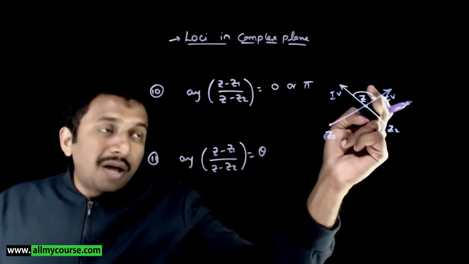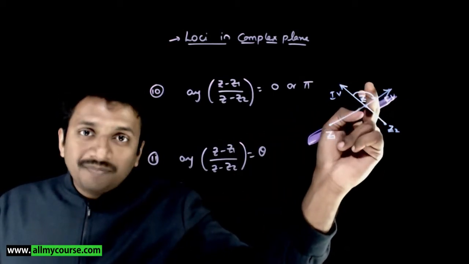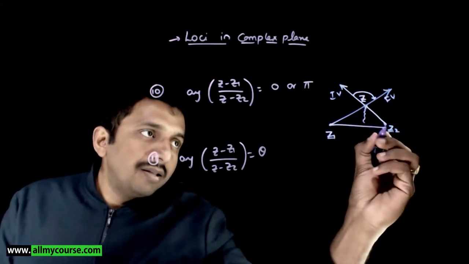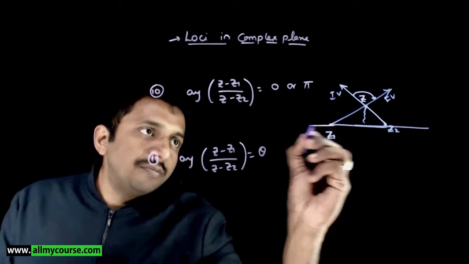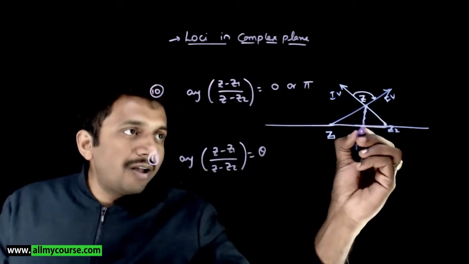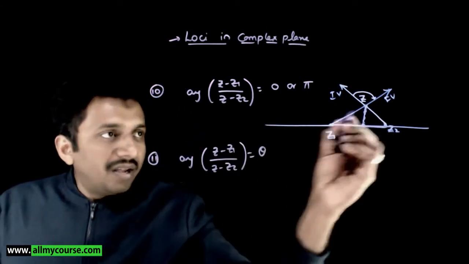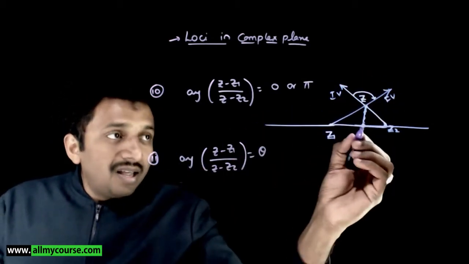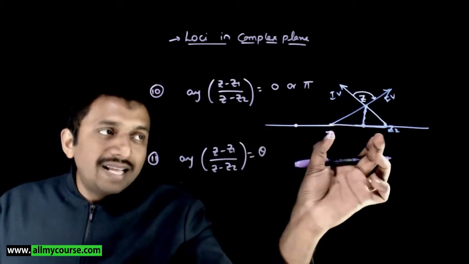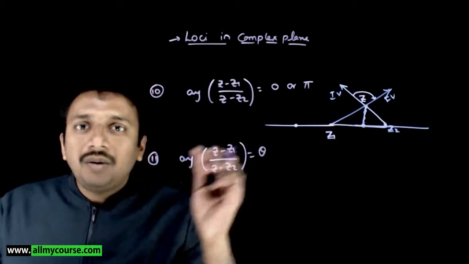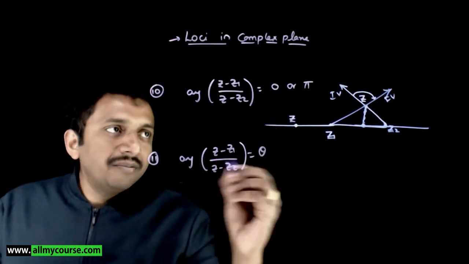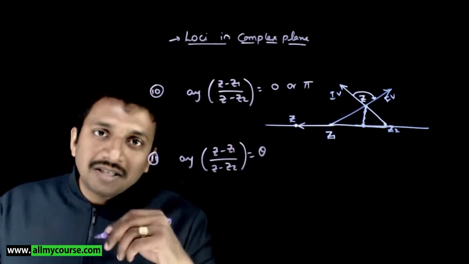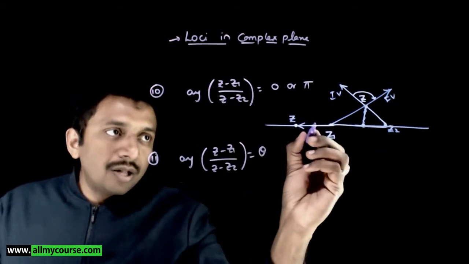Obviously that means you cannot form a triangle here, because this angle is 180. So where should this point come? This point has to fall on the line z1, z2. If it falls on the line segment, this angle will become equal to 180 degrees. If it falls outside the line segment z1, z2, the angle will be equal to 0 degrees. Because if you have z here, the vector joining z1 and z is in this direction, and the vector joining z2 and z is also in this direction.